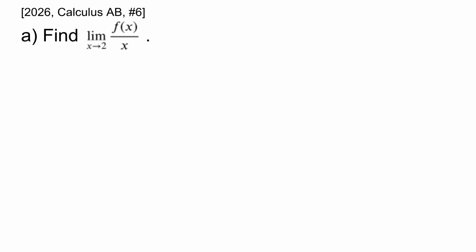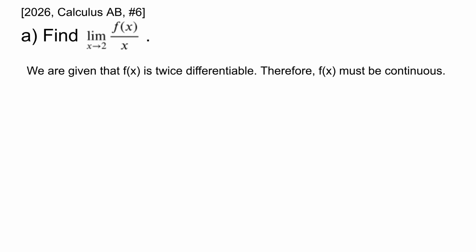In part A of this question, we are asked to find the limit as x approaches 2 of f of x over x. Since we are given that f of x is twice differentiable, we can conclude that f of x must also be continuous.